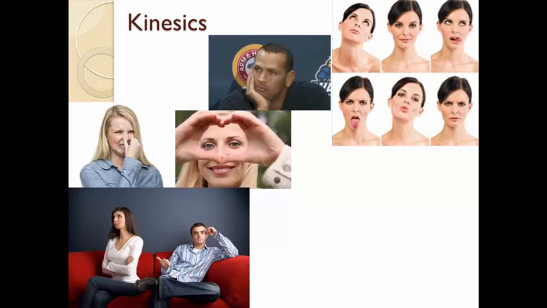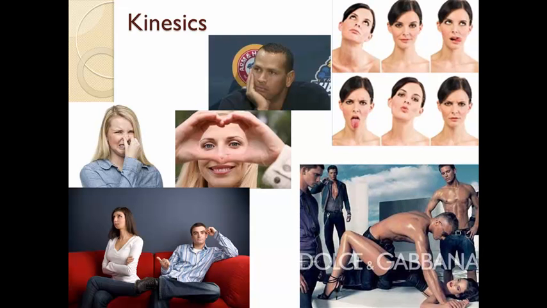And when we think about power, this is an actual Dolce & Gabbana ad that was banned, because based on the gestures and the movement within the ad, this is a very forceful representation of what looks like sexual assault. And so this ad was pulled, but was initially a real advertisement. So we can see how power can be conveyed through kinesics.